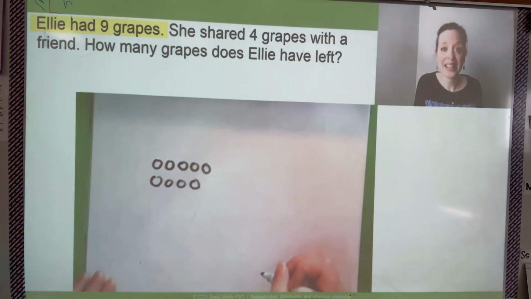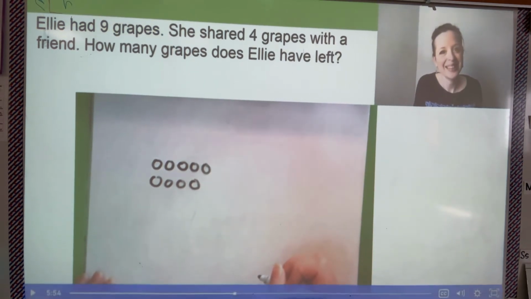Here are Ellie's 9 grapes. Pause the video if you need more time to draw. I'll give us a second. Draw your 9 grapes the 5 group way.